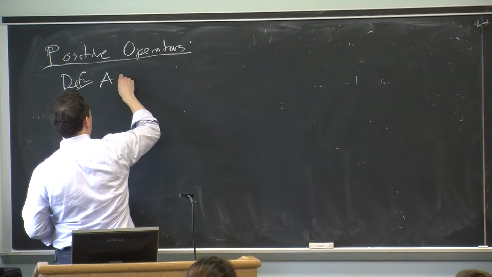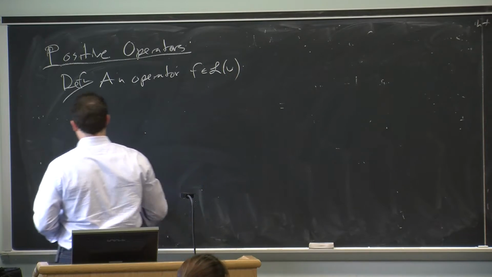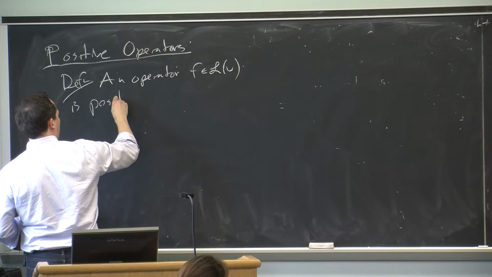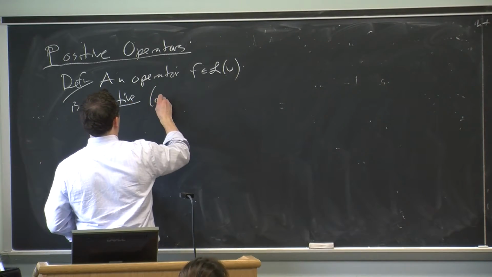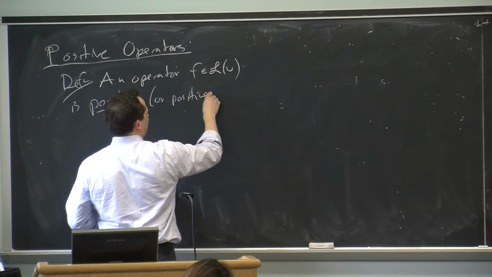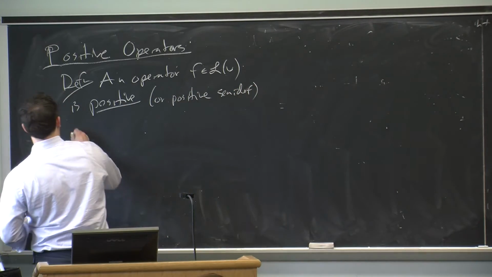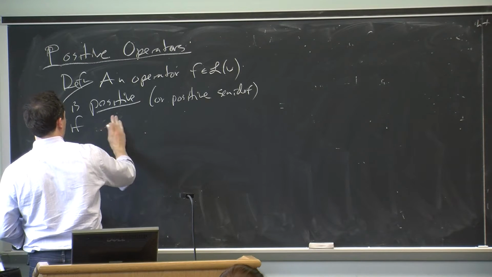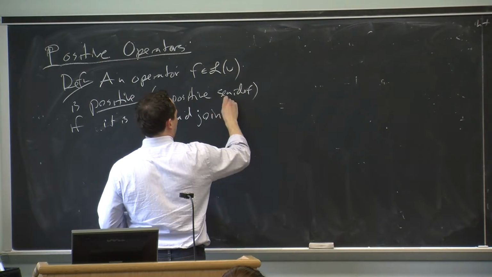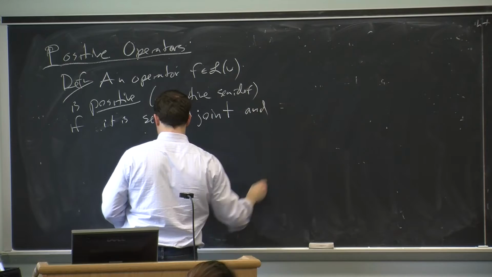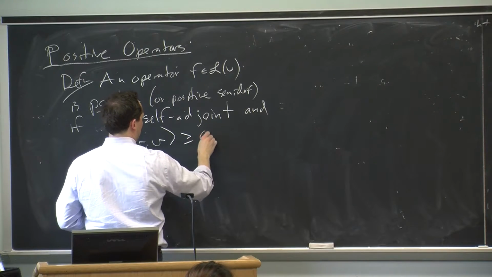An operator is called positive, sometimes called positive semi-definite, which you might have seen used to describe matrices, if it is self-adjoint. Positive operators are all self-adjoint, and we have one further restriction, which is that the inner product of FV and V is always non-negative.